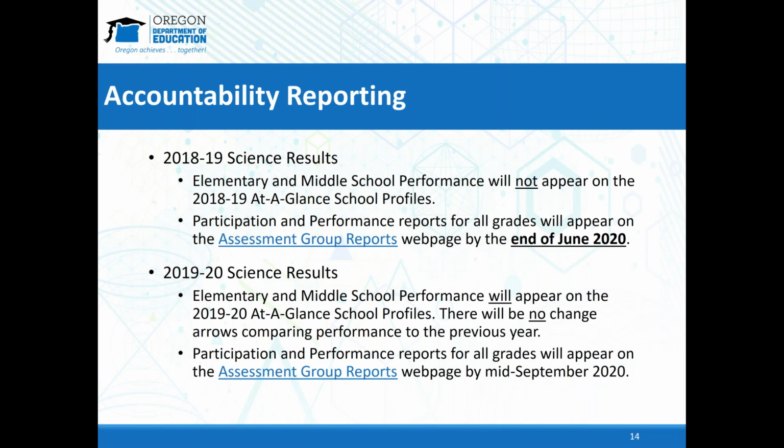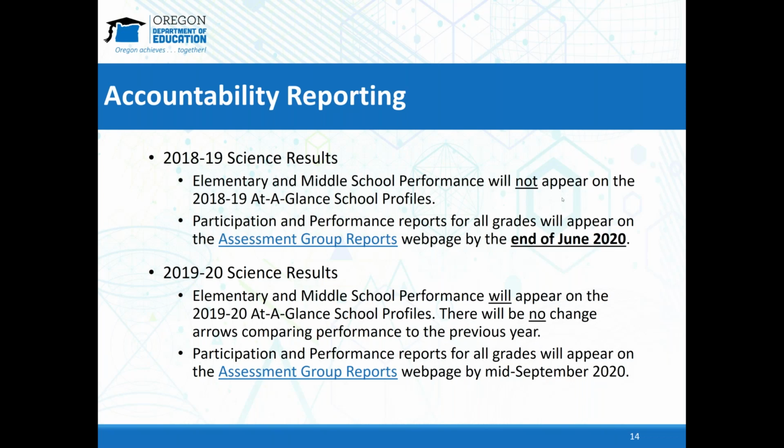The 2019-20 Science performance results, which will be available in the Science ADI validation on the RC Summary tab for the 2019-20 school year, will be displayed on the elementary and middle school at-a-glance profiles. Remember, the 19-20 results will be available in the ADI validations on June 11th.